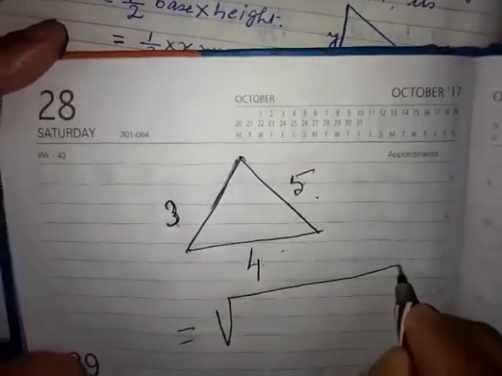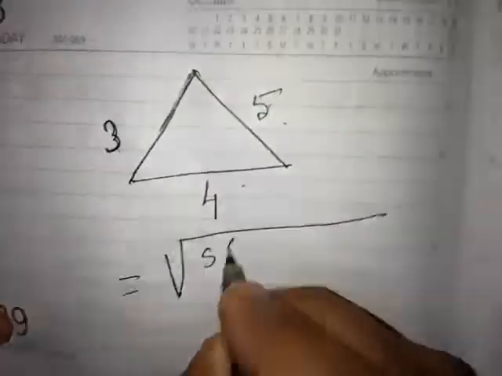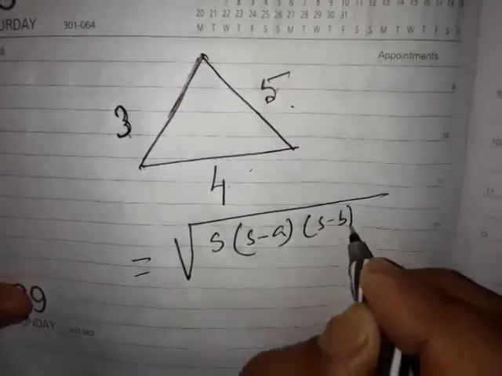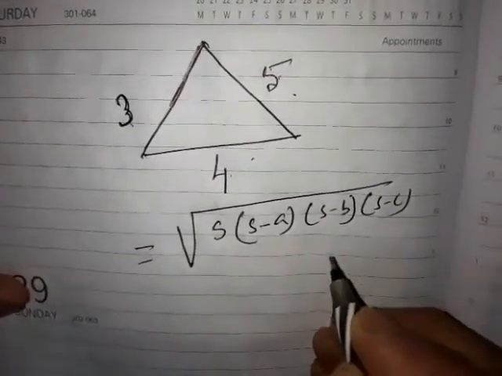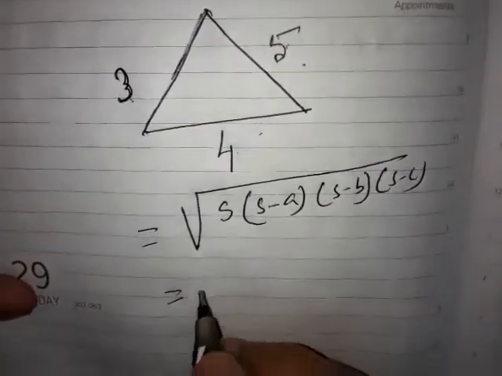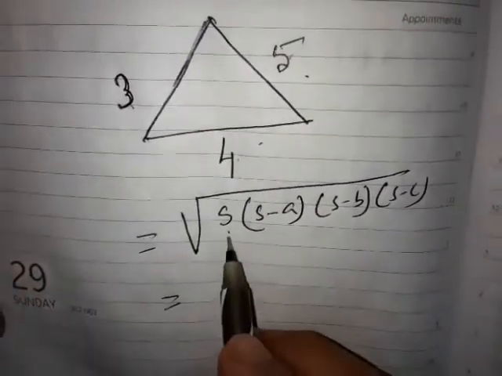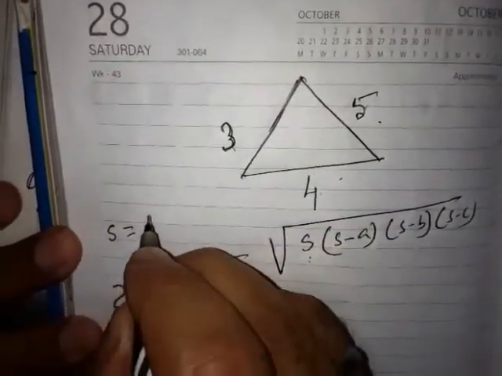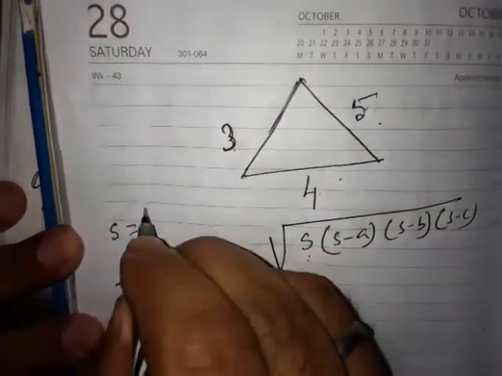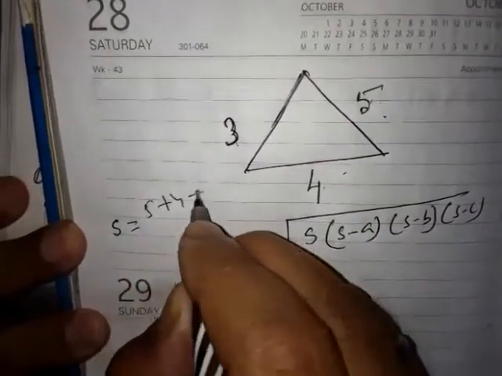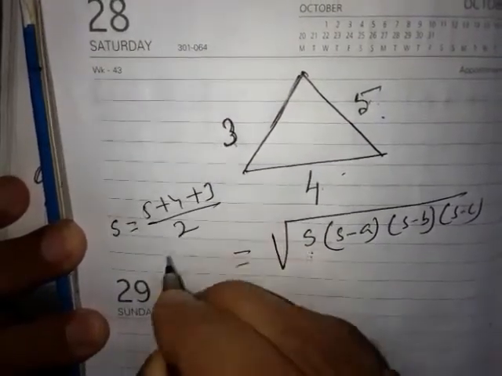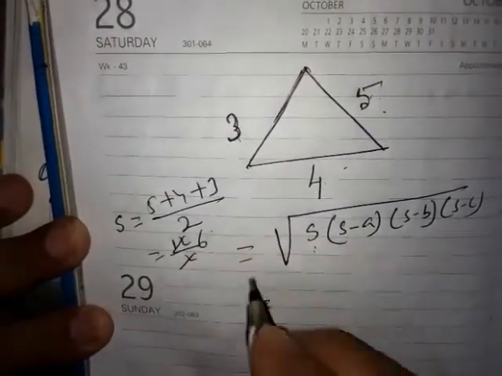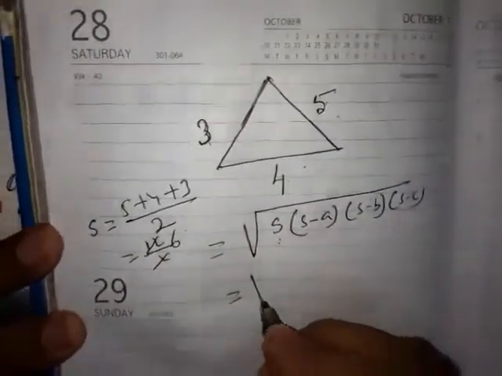We use the formula root over S into S minus A into S minus B into S minus C. Now what is S? S means half of the perimeter. The perimeter is the sum of all three sides, that is 5 plus 4 plus 3. Half means divided by 2. So 12 by 2 equals 6, 6 centimeter.